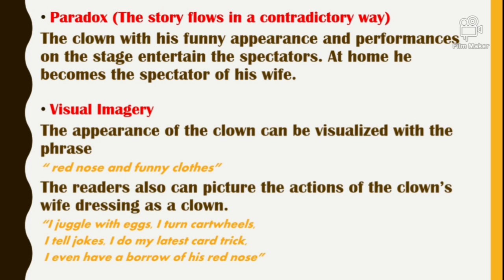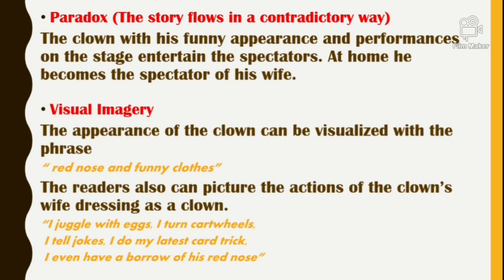And also you can see, as I have discussed before, the dual identities of the clown is also shown in the poem through a paradox. Well, the next technique is visual imagery.